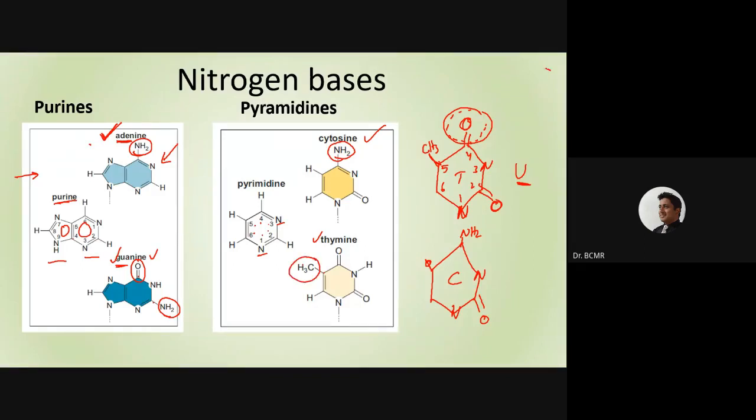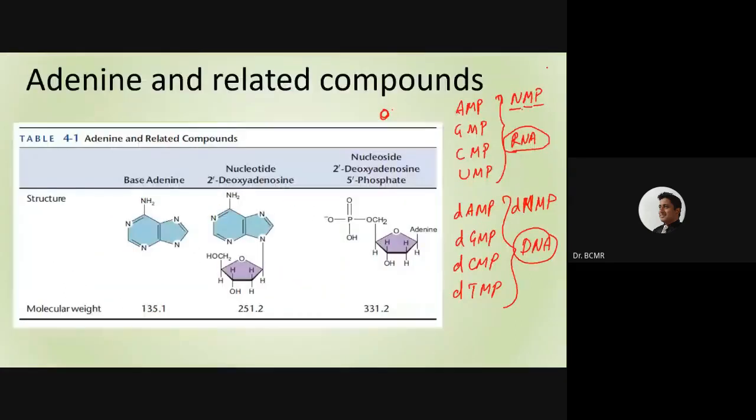Chemically speaking, if you have DNA and RNA, then the difference is just one oxygen atom at the 2' carbon of ribose, and one methyl group at the 5th carbon of thymine. That is the only difference.